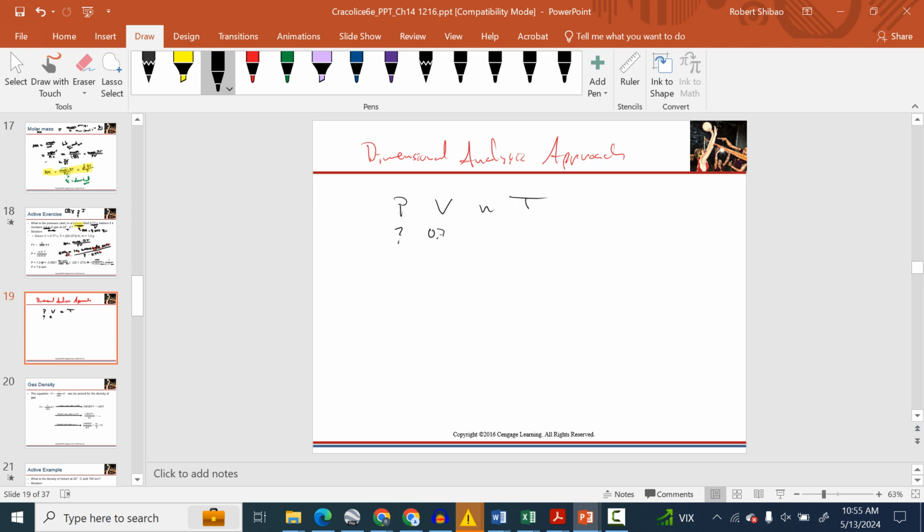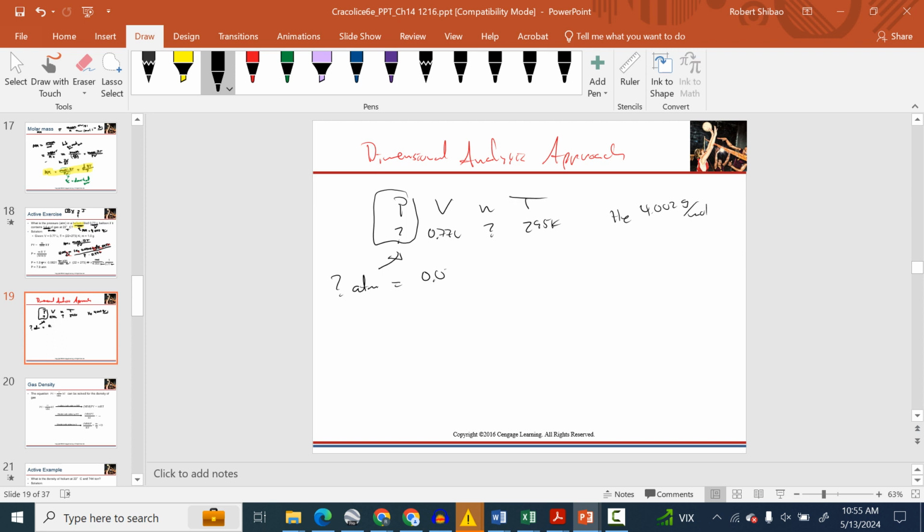The volume was 0.77 liters, and T we knew as 295 Kelvin or 22 degrees C. The additional information they gave us was helium. Helium is 4.002 grams per mole. And so what I need is P. I'm trying to solve for P. What are the units of P? Units of P are in atmospheres. And what has atmospheres on the top?